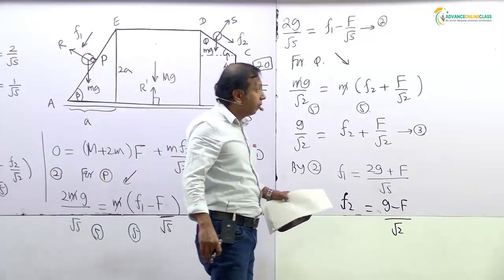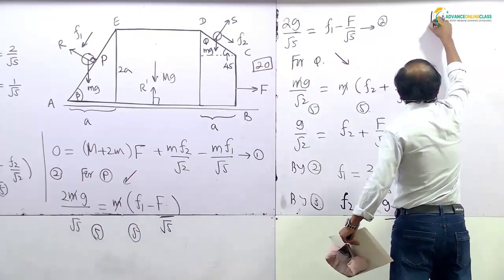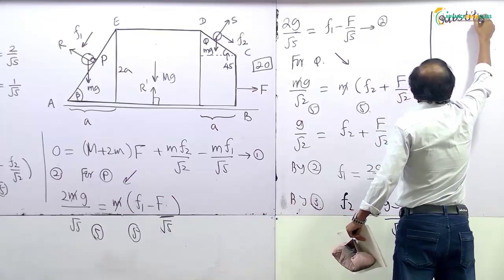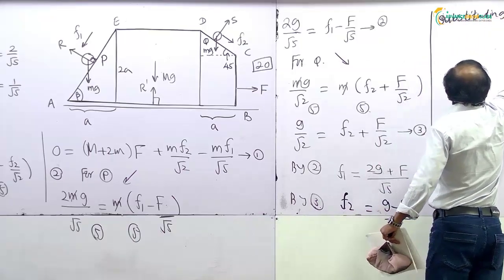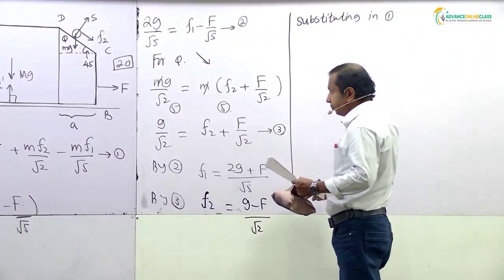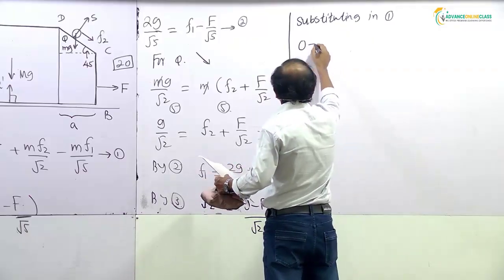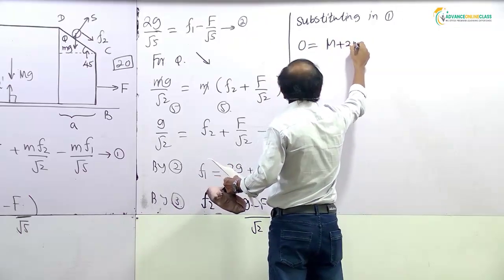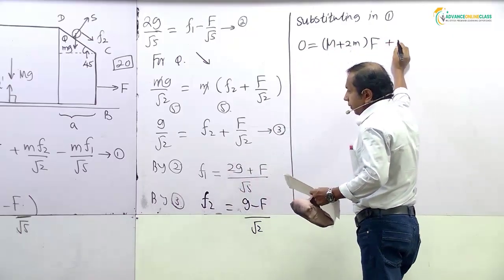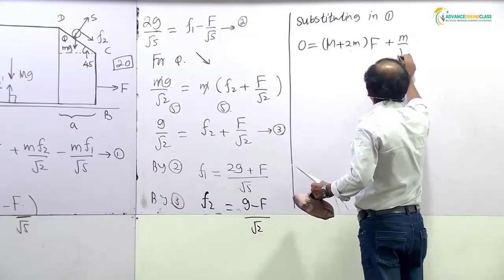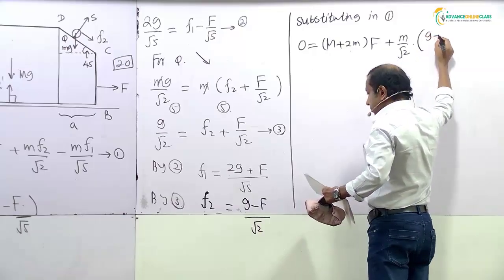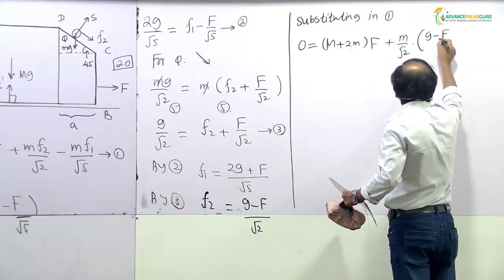Substituting in 1, what do we get? 0 equals m plus 2m capital F, m over root 2. F2 is the answer: g minus capital F over root 2.